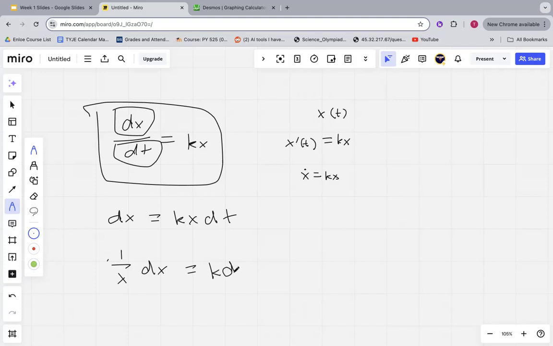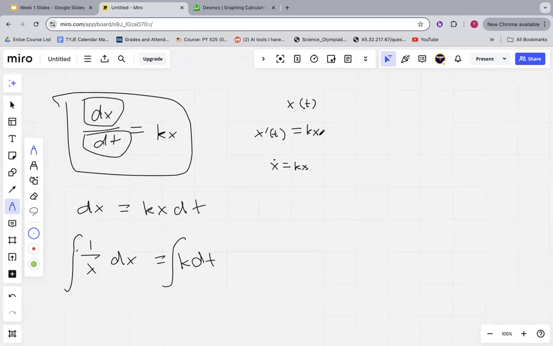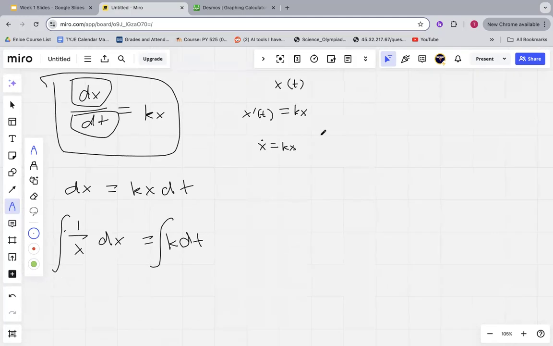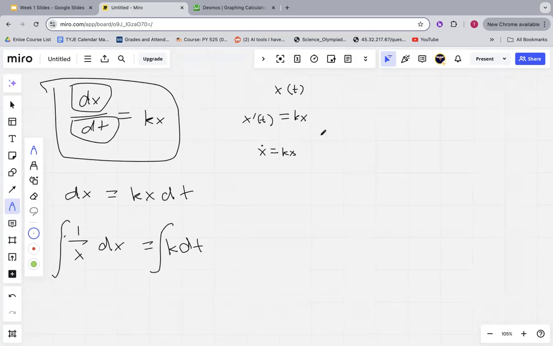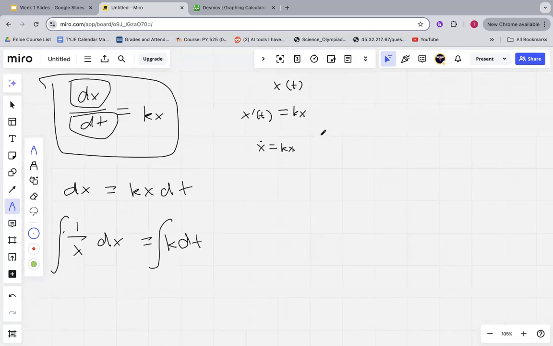Okay. Now, why would we do this? Well, it looks an awful lot like we can just put an integral sign on both sides and solve. And that is what we're going to do. Now, if you really want to, you can prove that this works. But I'm not a mathematician, and this is not a math class, so we're not doing that.